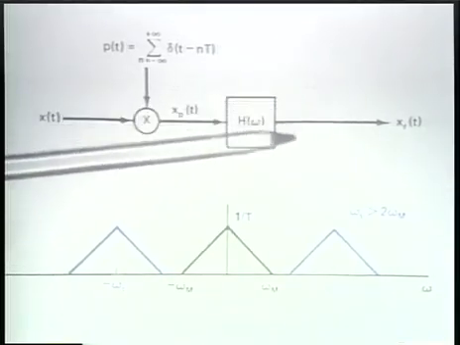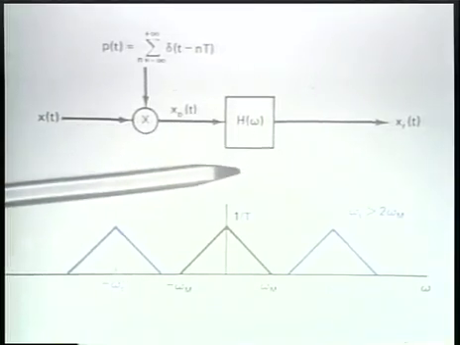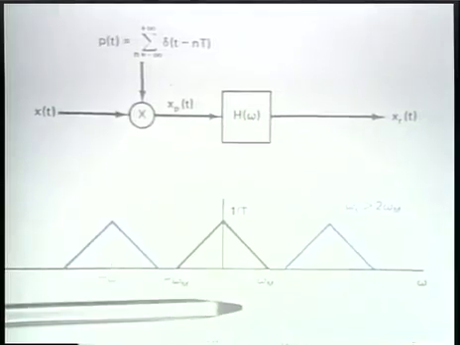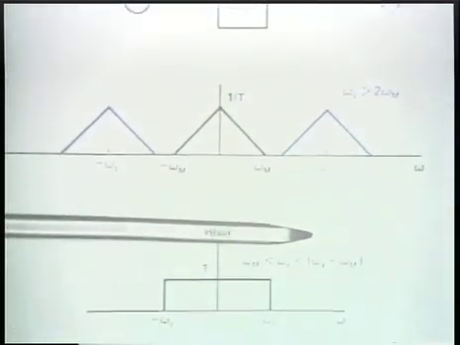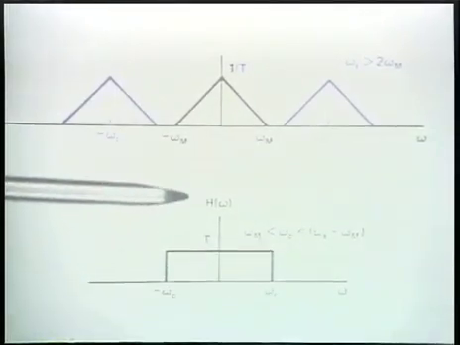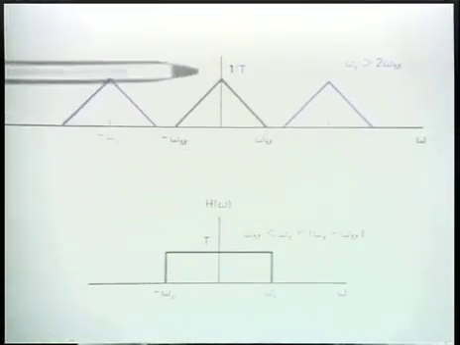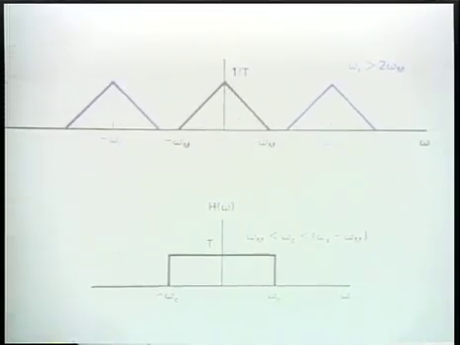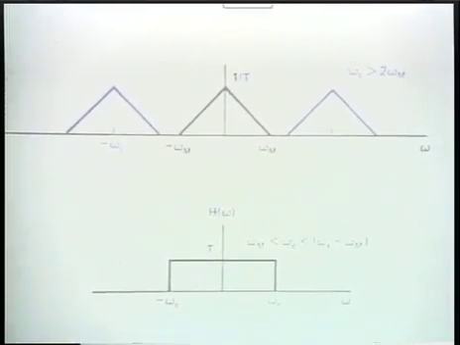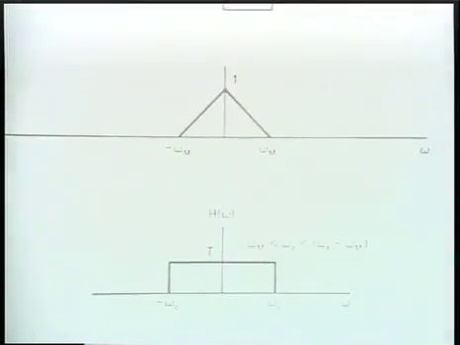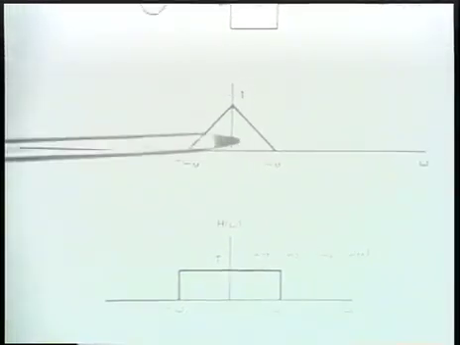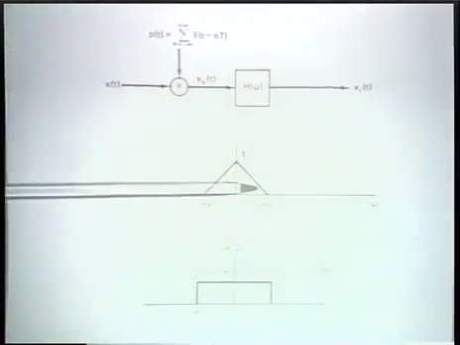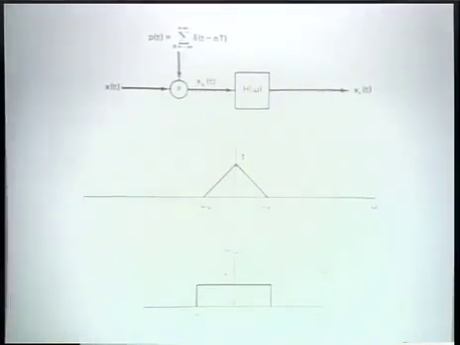And so, in fact, if this frequency response is an ideal low-pass filter, as I indicate on the diagram below, then multiplying the spectrum of the sampled signal by this extracts for us just the portion of the spectrum centered around the origin, and what we're left with then is the spectrum finally of the reconstructed signal, which for the case of an ideal low-pass filter is exactly equal to the spectrum of the original signal.